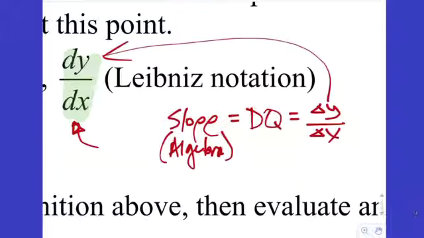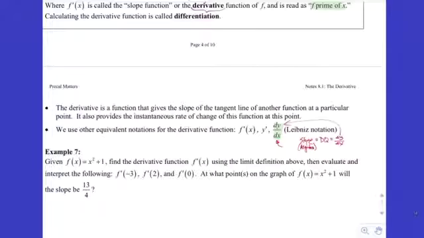It preserves the slopey feel, doesn't it? But dy, unlike delta y, is so small it's non-measurable. dx is so small, it's not measurable. They're infinitesimally small. So Leibniz piggybacked on the algebra slope notation, delta y over delta x, replaced the delta with a d, which means differential. And we have a new notation for something that is still a slope, but at a point, not over an interval. All right, fantastic. We'll pick up with example 7 tomorrow.